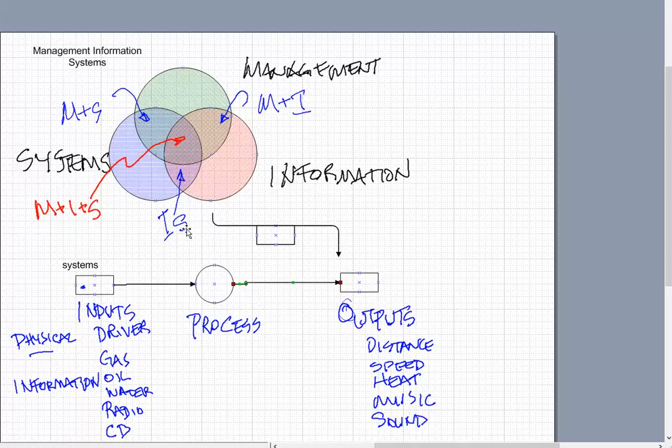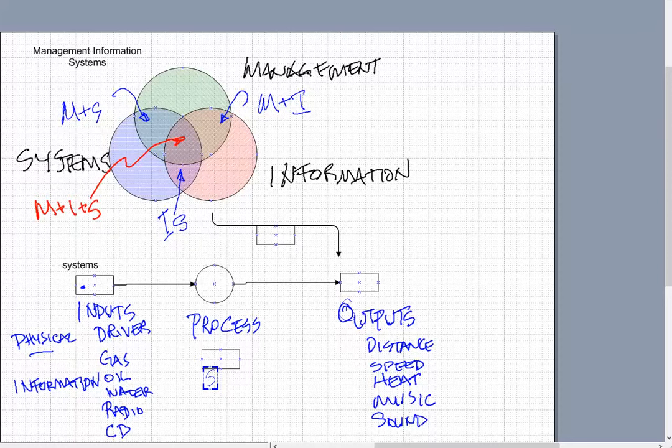Now let's say that you're driving your car and you have a favorite radio station and you want to save it. One of the things we need to have here, and part of this system model, is some type of storage. And storage is important because it basically keeps the radio station.